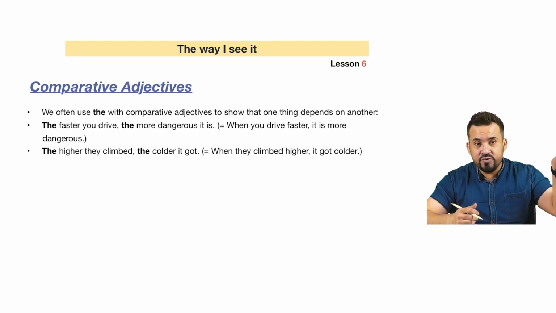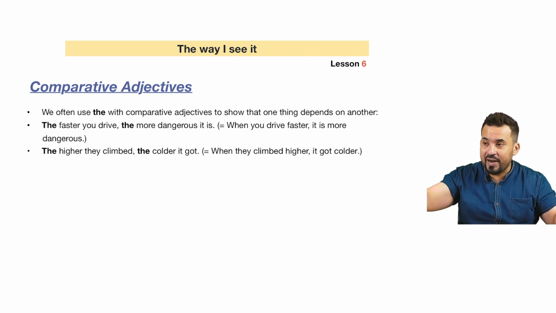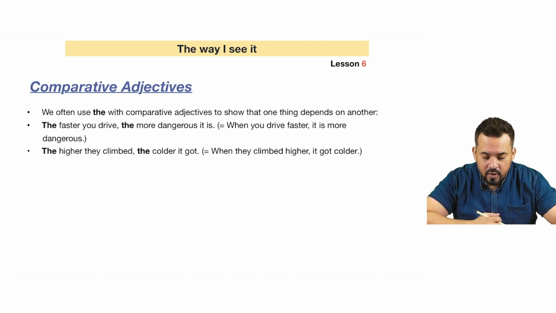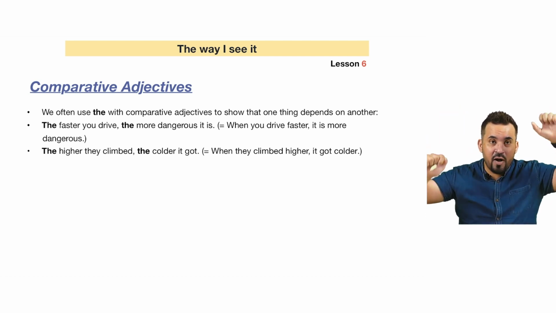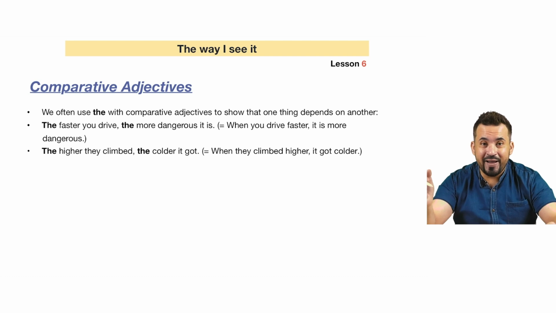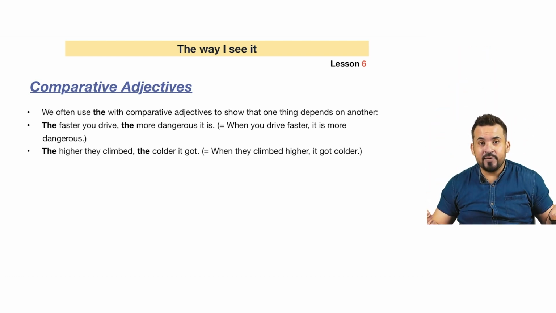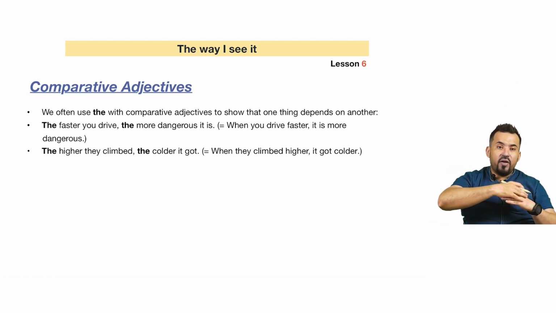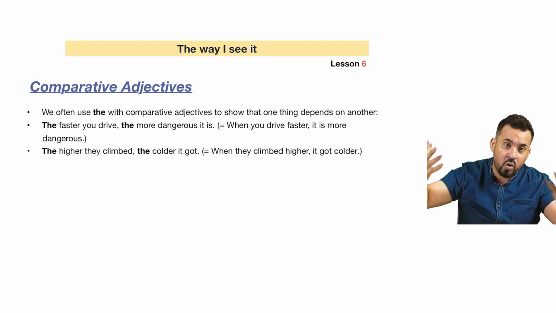Okay, so the danger level depends on the speed. So when you drive faster, it is more dangerous. The higher they climbed, the colder it got. You know, the more you climb, or the further you are from the ground, the colder it gets.